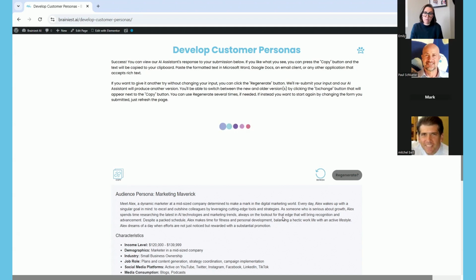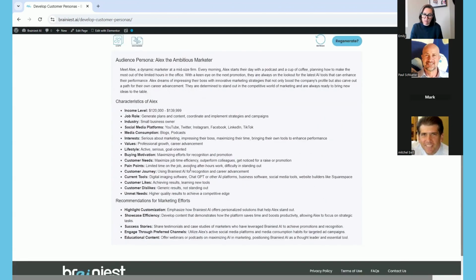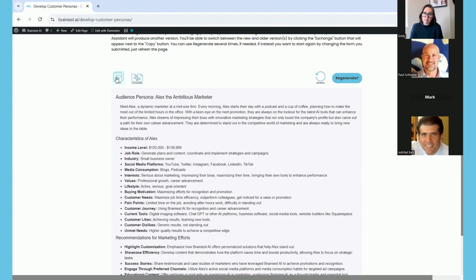And then once you do that and a result is generated, there will be a little button that we'll see over here that pops up that's exchange, so that I can move back and forth between the first answer and this answer and see if I like it better. I can copy both of them if I want, paste it into a Word document, a PowerPoint, however this might be presented to a team or most effective for my own use.